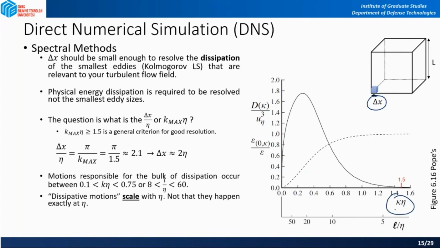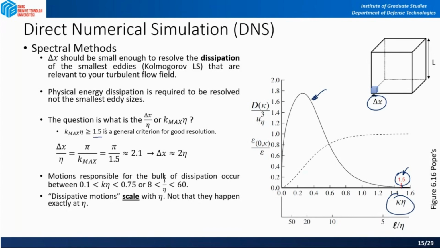This is our question. As we can see from this figure, the amount of dissipation is very small beyond k times eta equal to 1.5, this point. Very small, you see it. So your k max should be larger than 1.5.